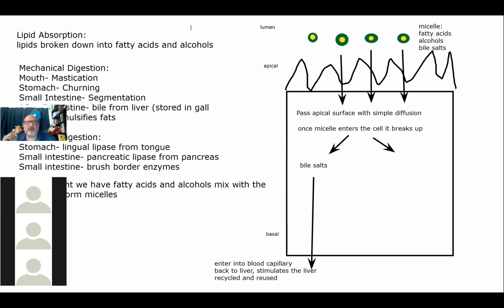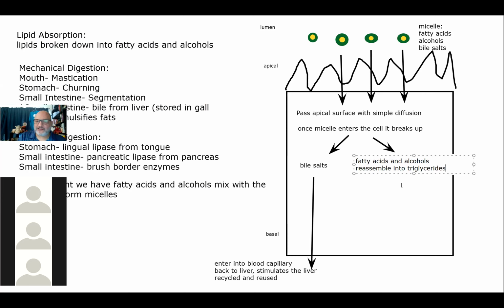What happens with the remaining components is the fatty acids and the alcohols reassemble into triglycerides. So they actually reform triglycerides.